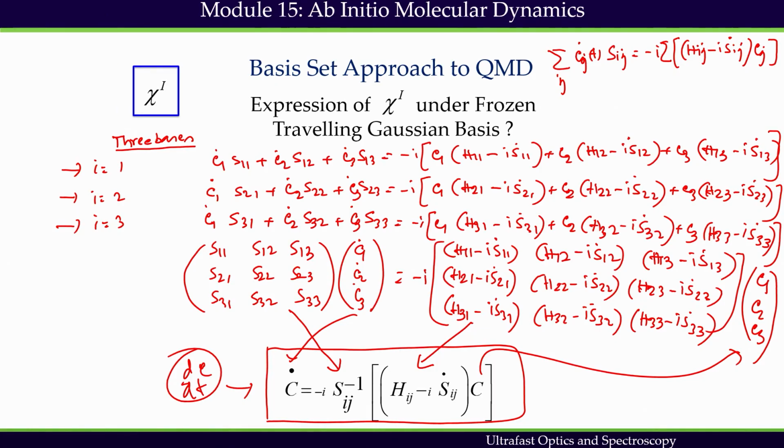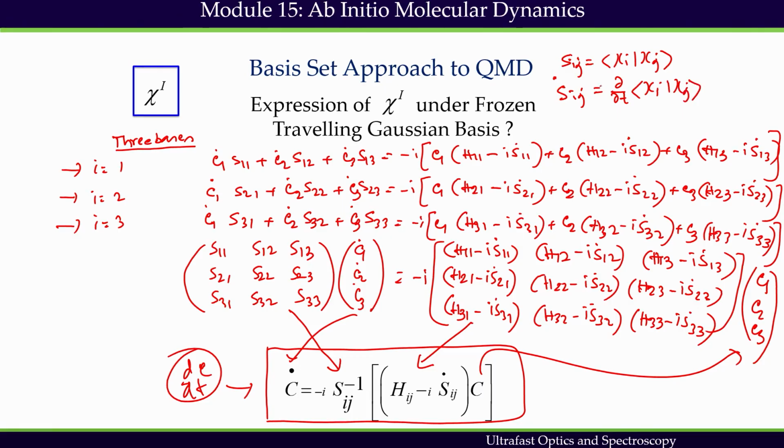Two different kinds of equations we get, and we should remind ourselves that this Sij is like an overlap matrix, nothing but chi I then chi j. But Sij dot is not the d dt of chi, the time derivative of the overlap matrix.